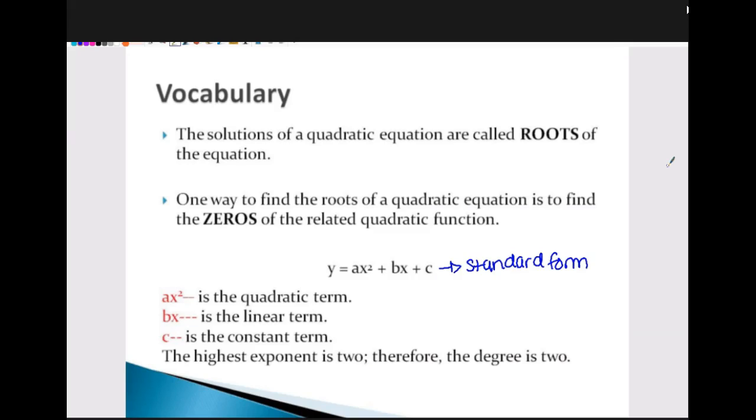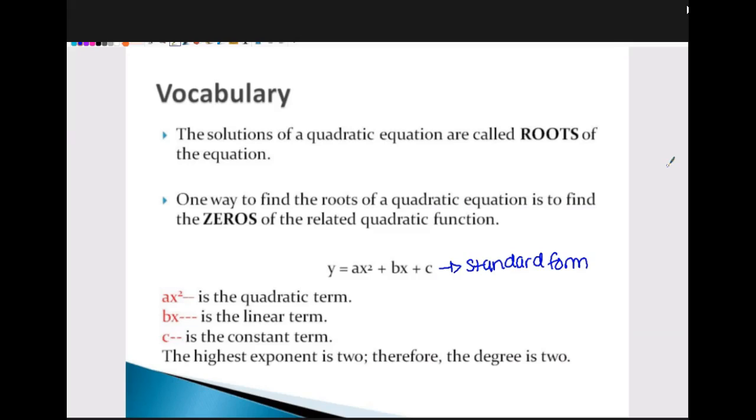The solutions of a quadratic are also known as the roots. We call these the zeros when we're graphing it.